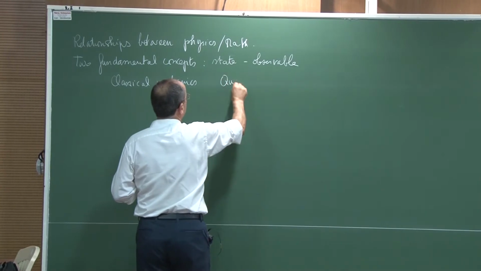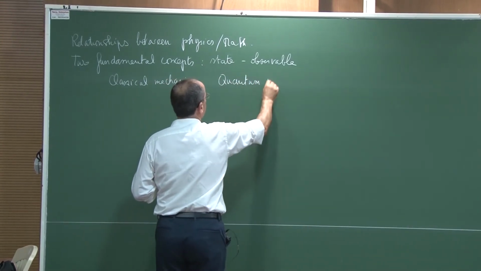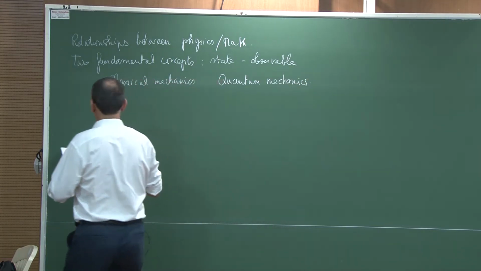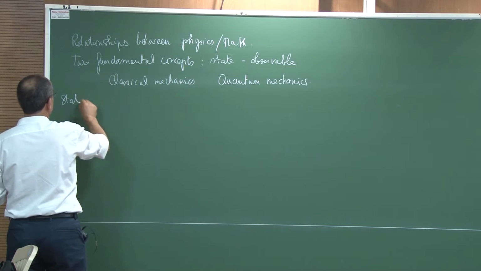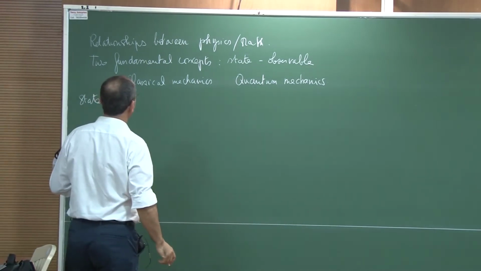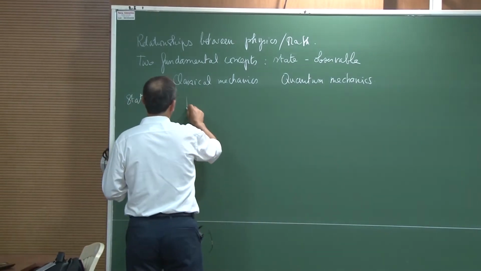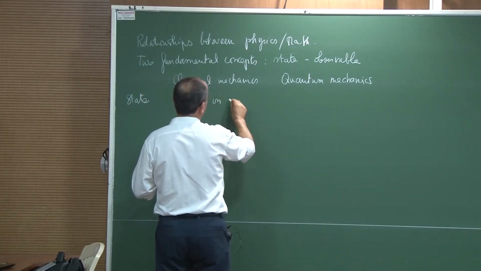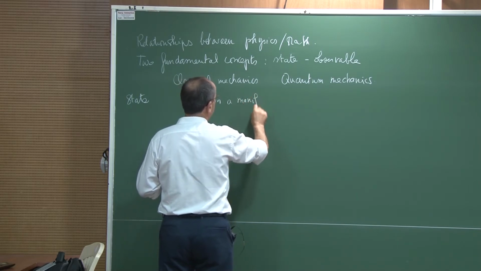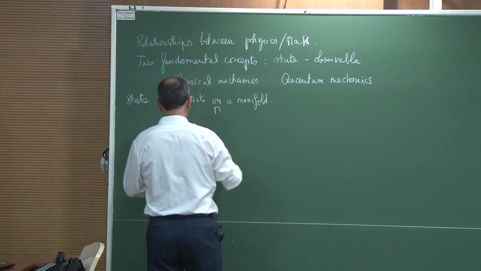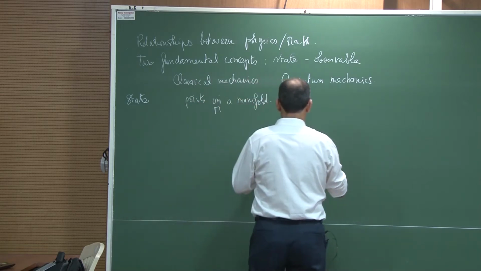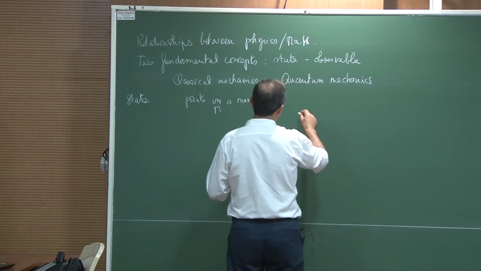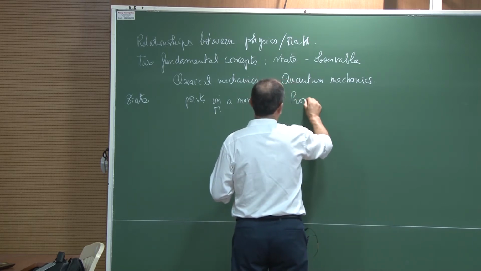And in quantum mechanics. And what is the state here? The states for classical mechanics are just points in a manifold M. And for quantum mechanics, this is a projective space.